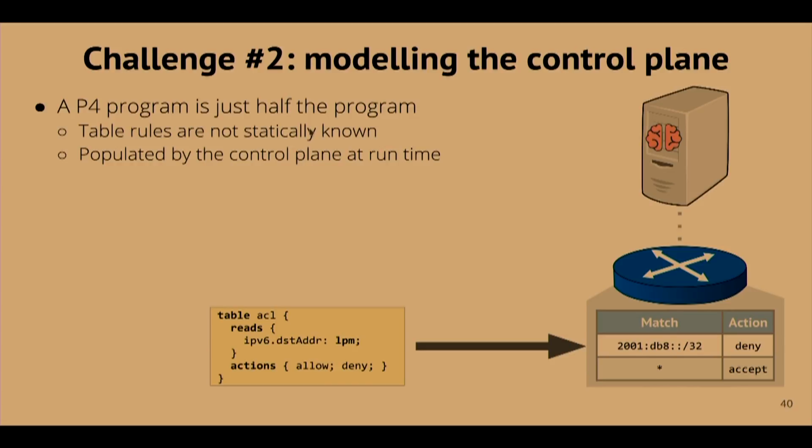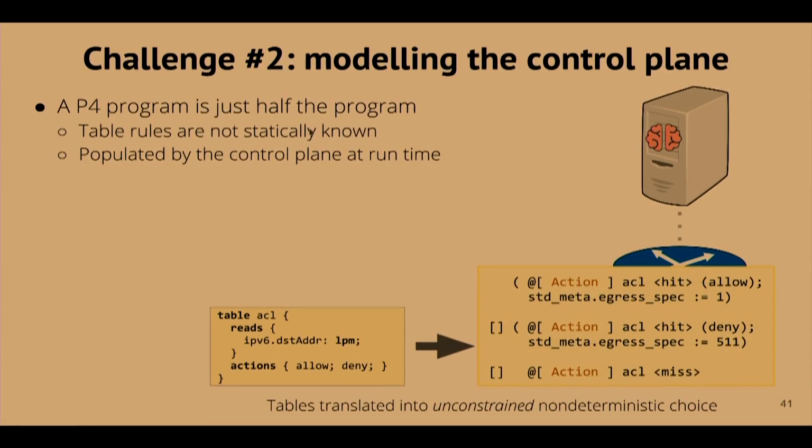A second challenge we faced was that a P4 program is really just half a program. The rules in the tables are not statically known. They are populated by the control plane at runtime. So our translation turns each table into an unconstrained, non-deterministic choice.